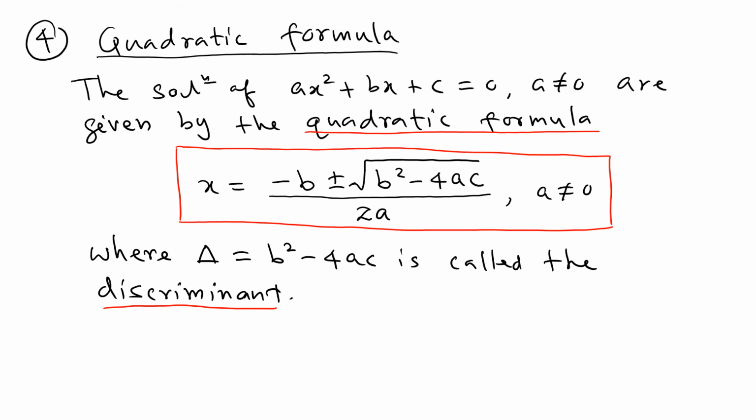So we check the sign of this one. The discriminant is b squared minus 4ac, without the square root sign, and that's going to decide the nature of the solutions.